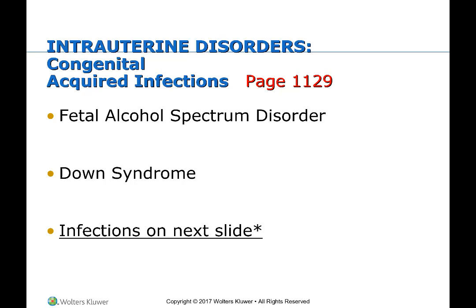So some of the things they're saying that may indicate that a newborn has Down syndrome would be a deep crease that runs horizontally across the hands. So you would actually be able to look at the palm of the hand and see a deep crease running across it horizontally.